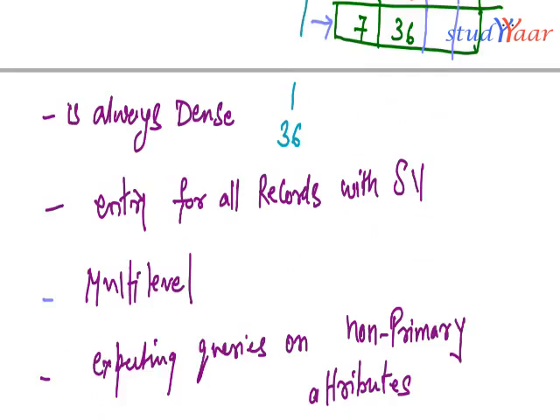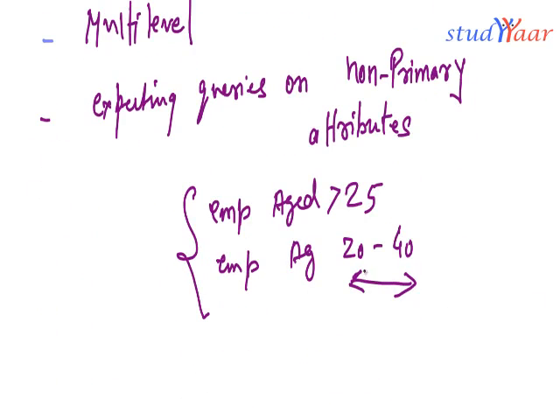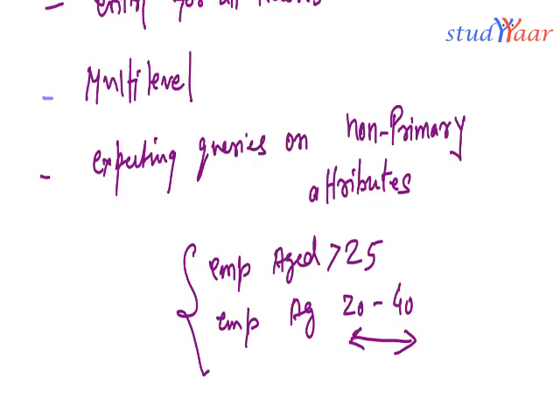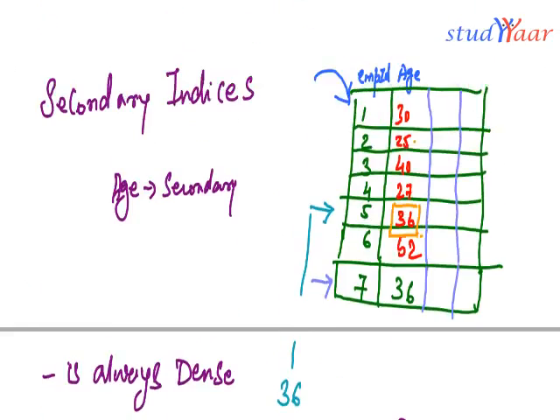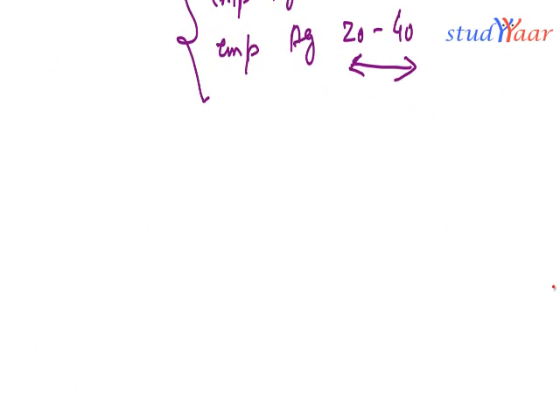Otherwise, if I have a secondary index, I would simply go through the index and only see the index records which are having 20 to 40. I would take a look at only these entries if I have a secondary index. Okay.